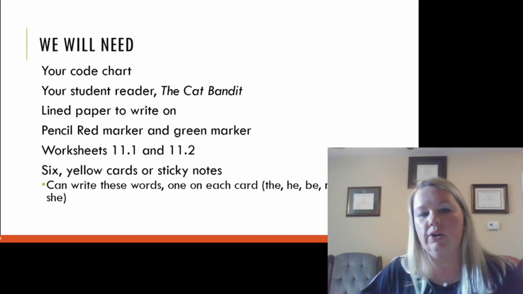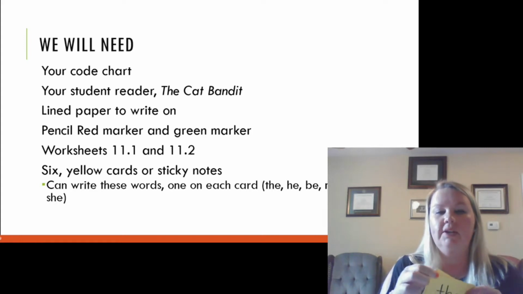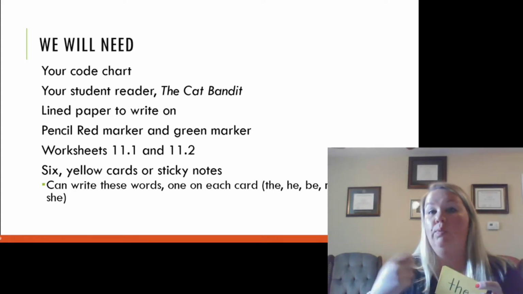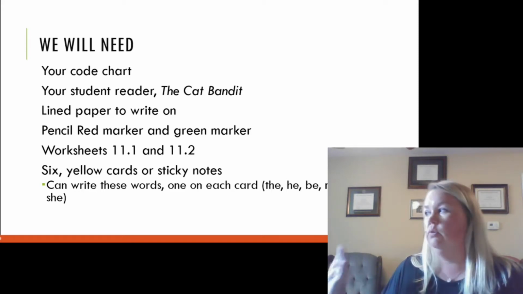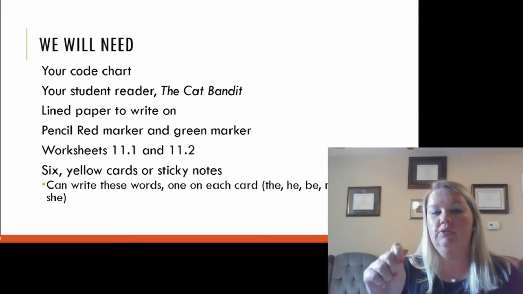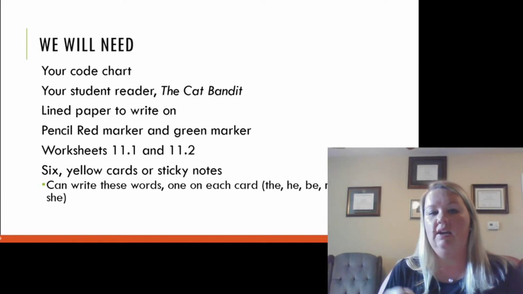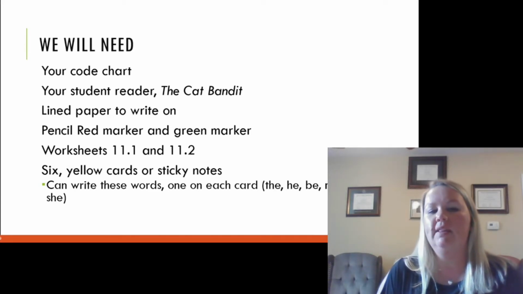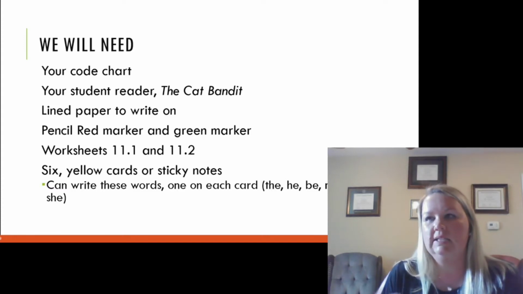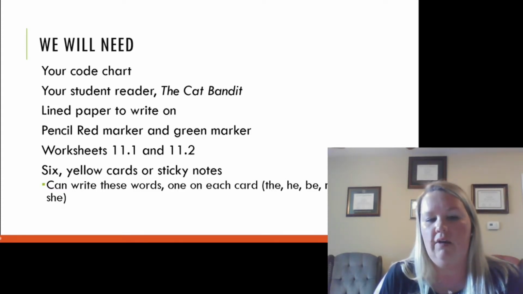A lot like your code chart, you might want to hole punch these and put them on a ring or something that we practice with. If you've got a blank wall somewhere that you could use a sticky note to stick that on, or a piece of paper or something, just somewhere that you have all of these together that you practice often.